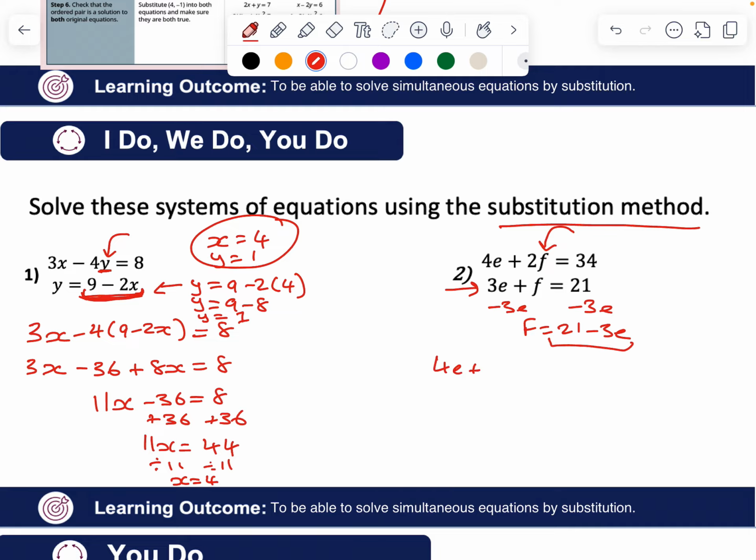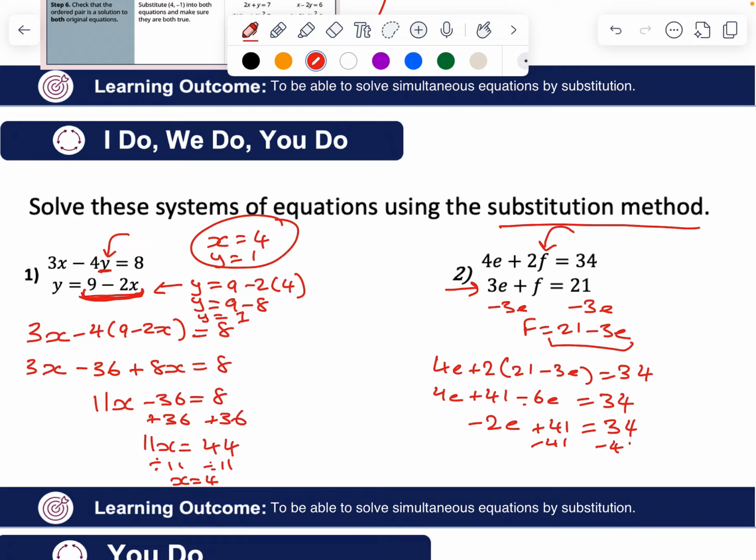So 4e plus 2 times 21 minus 3e equals 34. So if we expand that bracket, 2 times 21 is going to be 42. 2 times negative 3 is negative 6e equals 34. If I simplify my e's, 4e minus 6e is negative 2e.